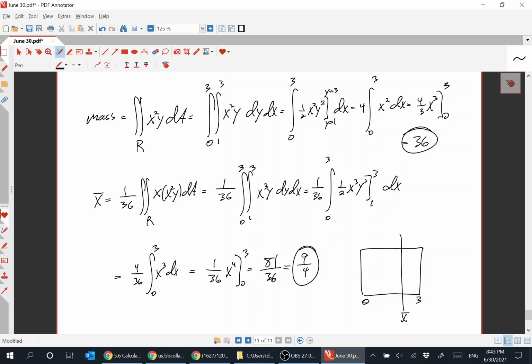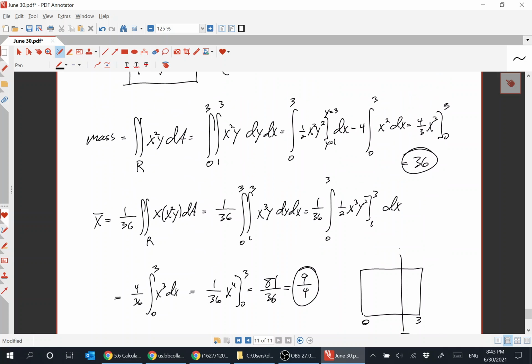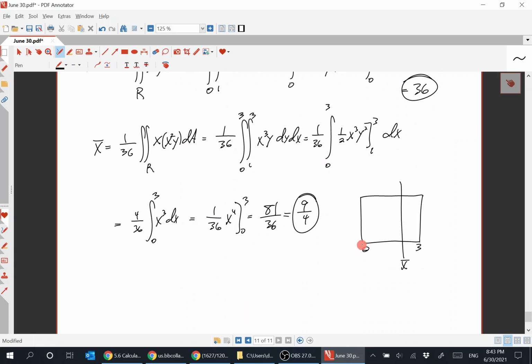Of course the thing gets more dense as you go in the x direction, x squared y. So it makes sense that the x bar is well off to the right there. It gets a lot more dense as you go further along the x-axis because it's an x squared here.